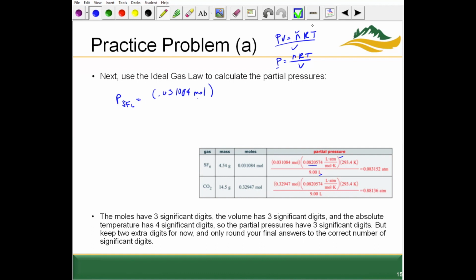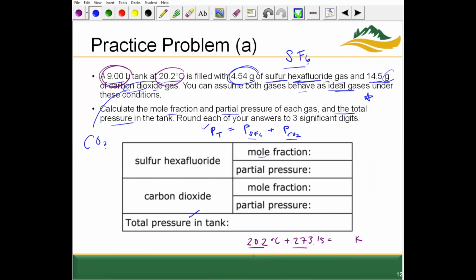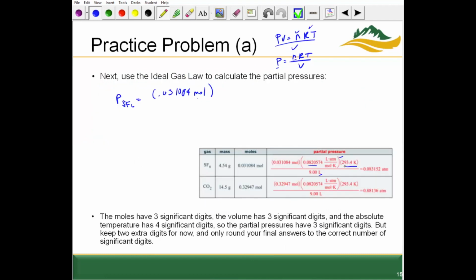I like to plug in the gas constant usually last because it's more complex with its units. So we took care of n, the number of moles, the temperature converted into Kelvin. So 20.2 degrees Celsius plus 273.15, we get 293.35. With just 4 sig figs, we can plug in 293.4 Kelvin.